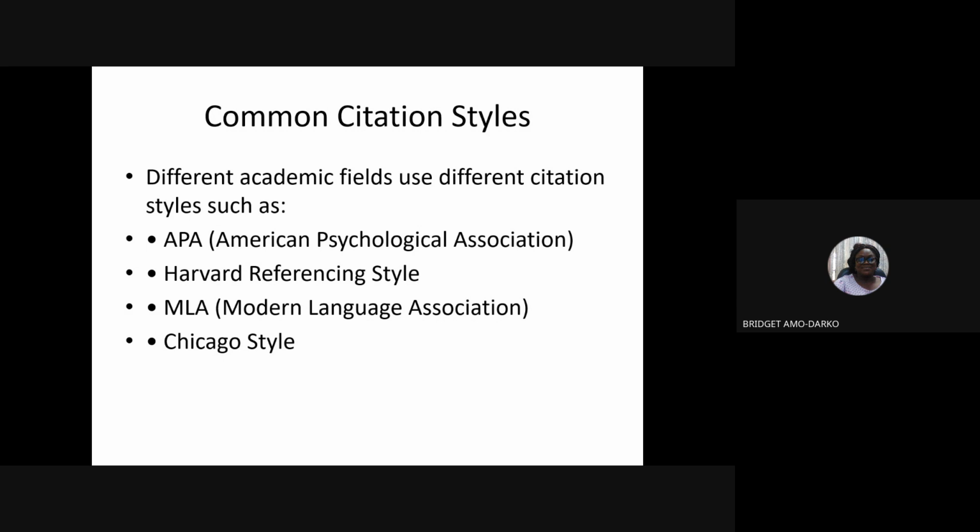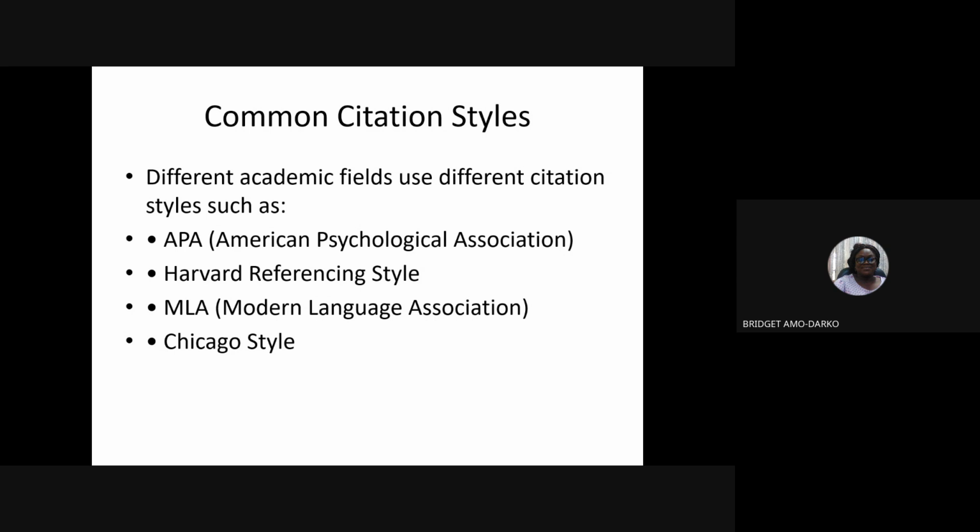Common citation styles. We have the APA, the Harvard, the Modern Language Association, and the Chicago style. At the University of Cape Coast, and I think UCC Tech as well, they are using the APA, American style.